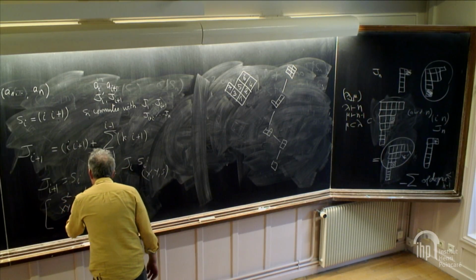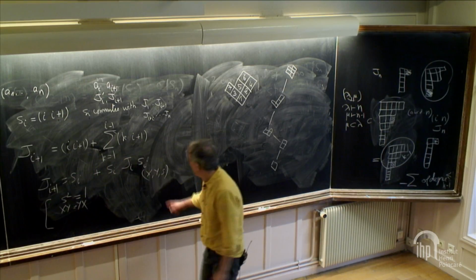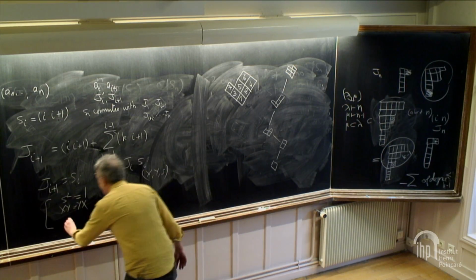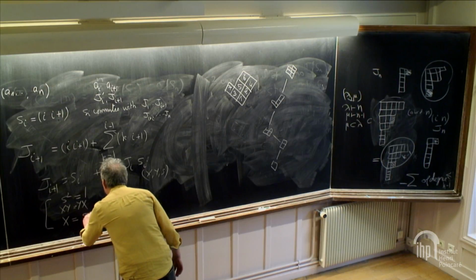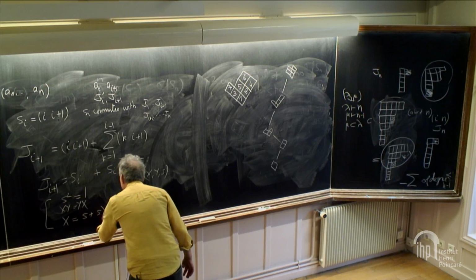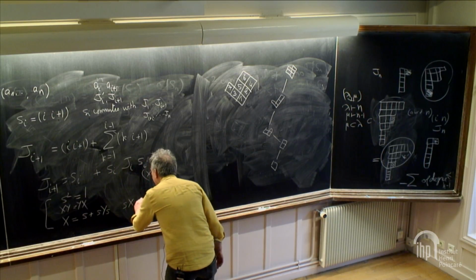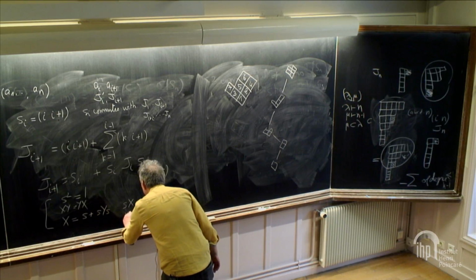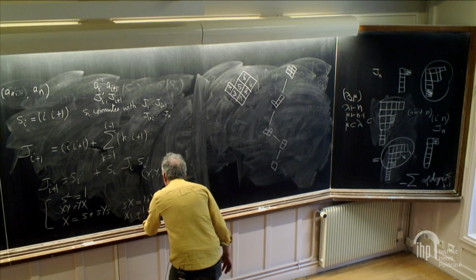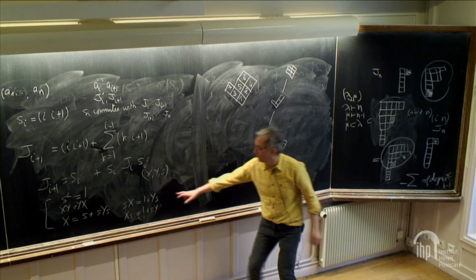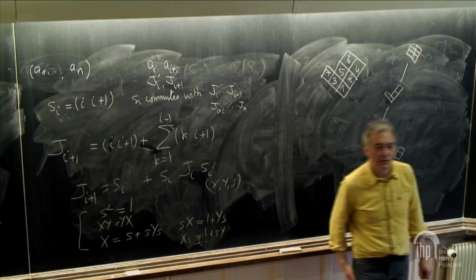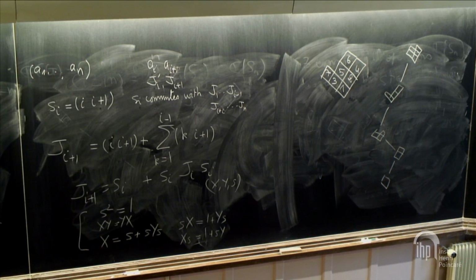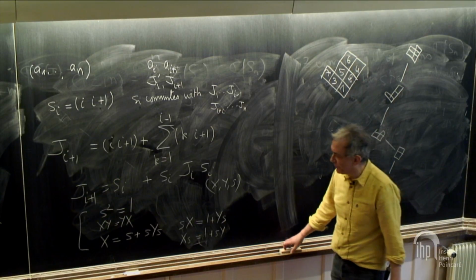XY is equal to YX, so they commute. And we have this relation, which is X is S plus SYS. Or I can rewrite it also as XS equal 1 plus SY, or SX is equal to 1 plus YS. Okay? Any of these relations is equivalent to the others, just because S squared is equal to 1. So I have all these relations.